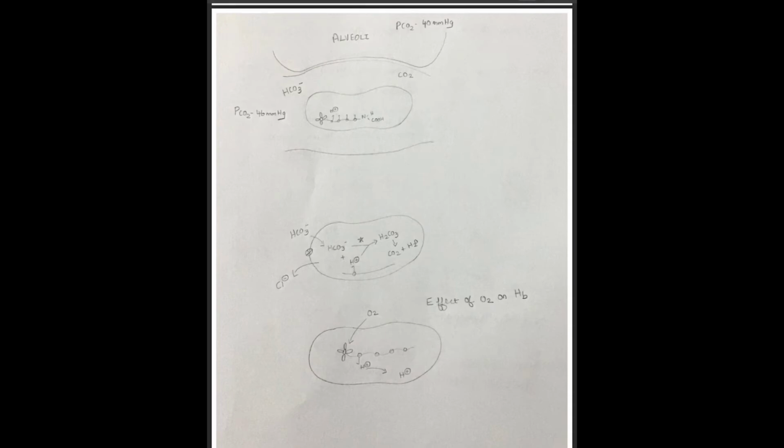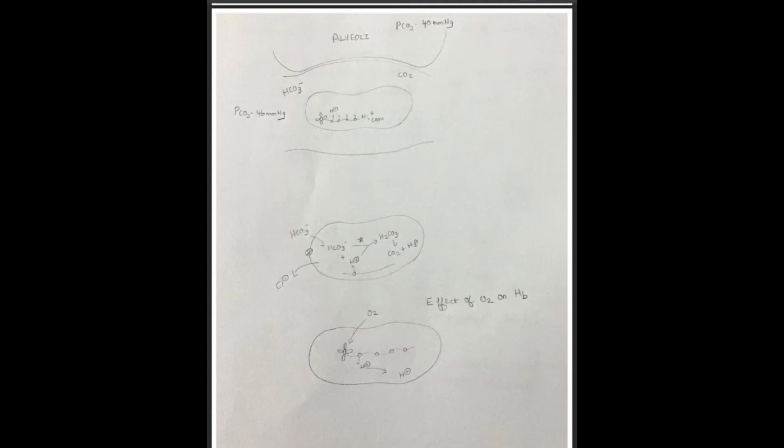So, as we have discussed earlier, 90% of carbon dioxide is in bicarbonate form and 5% is in dissolved form in the interstitial fluid, in the blood plasma, etc. And another 5% is in carbamino compound form.